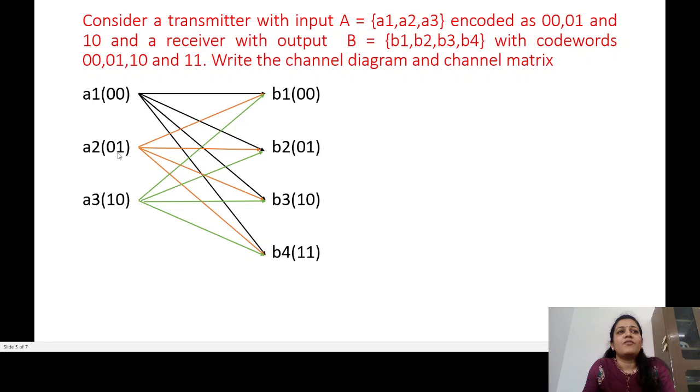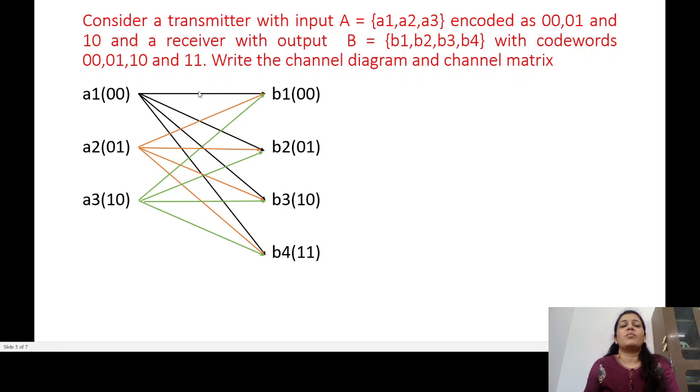Now I can say that we have 3 rows and 4 columns if we want to write the channel matrix. So this example says that if a channel diagram is given, it is quite easy for us to write the channel matrix.